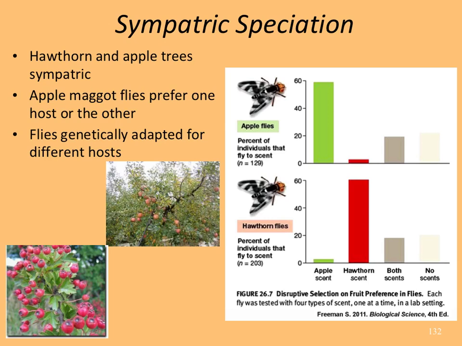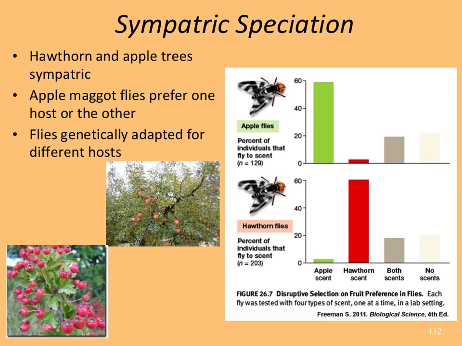Originally, there were no apples in the United States. It was just hawthorns. They're attracted to hawthorn trees. They can eat hawthorn leaves without getting killed by the toxin, and so they specialize on hawthorn trees. When apples came along, some of them started breeding and doing their whole life cycle on apples.